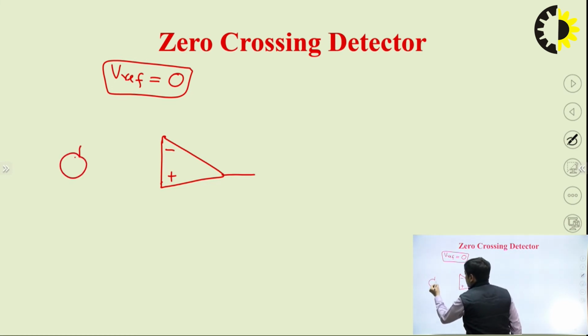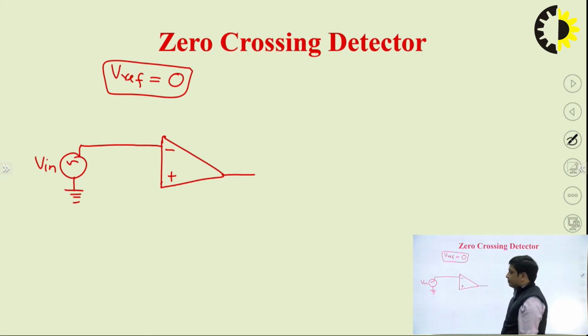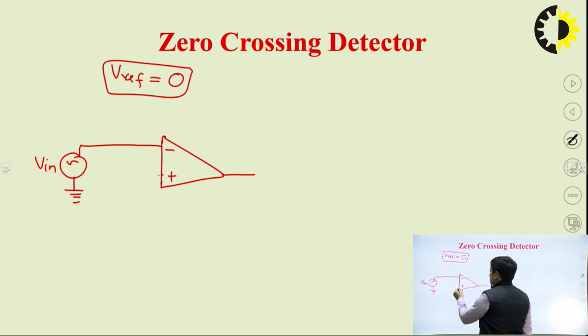This input signal V in is now directly applied at the inverting input terminal, although we can connect a resistor also, like we did in the voltage comparator, right? Now the reference voltage will be applied at the non-inverting terminal, but here in the zero crossing detector we are taking this reference voltage equal to 0.